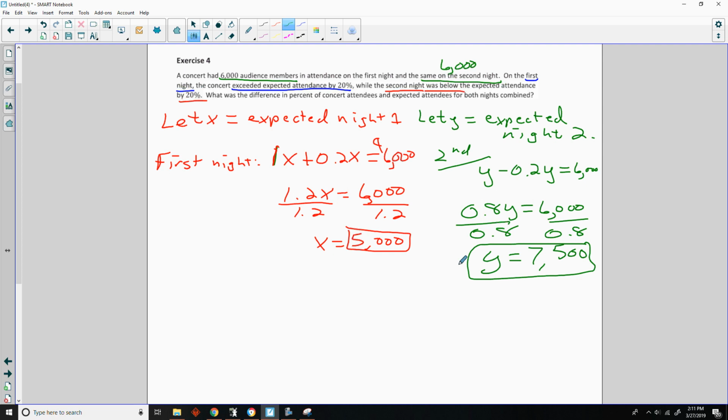So now what we do is we take the differences. The second night was attended by 1,500 less than expected.